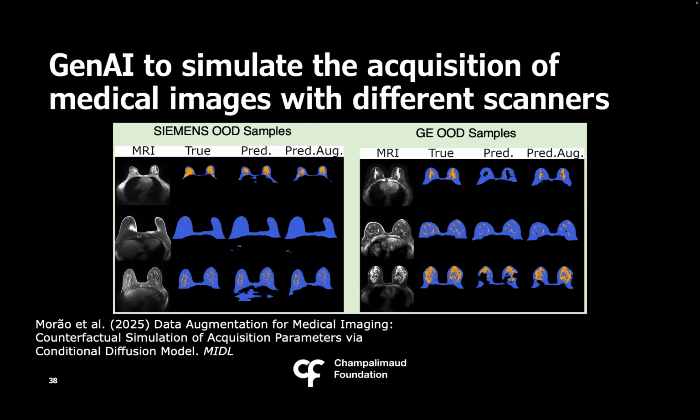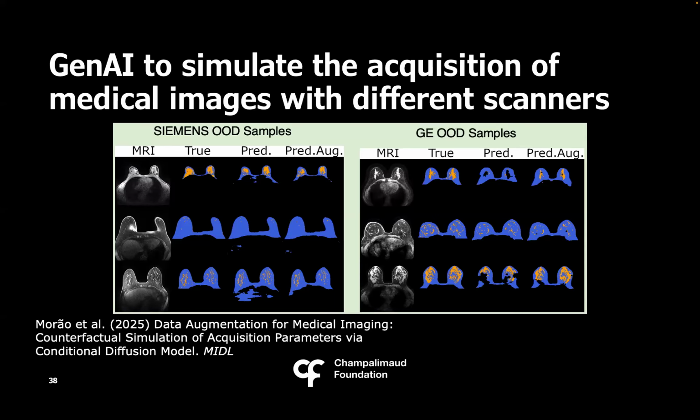If these images are out of distribution and they are GE, but this model was trained on Philips, once I do a prediction augmentation using the Philips counterfactual, I can see an improvement in my segmentation, a reduction of the holes in the panel on the right.